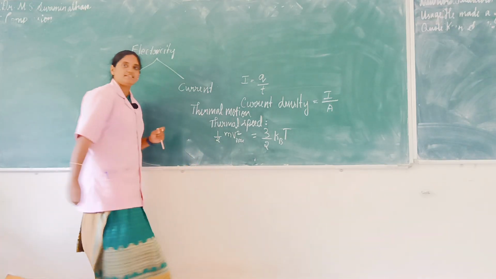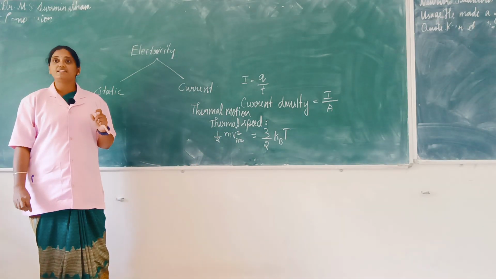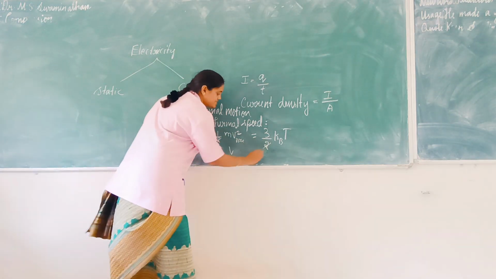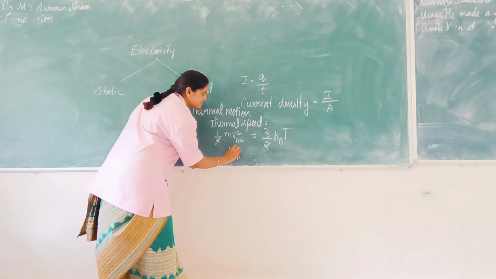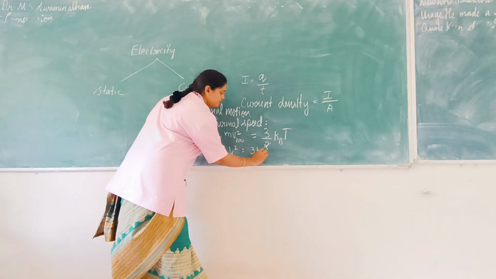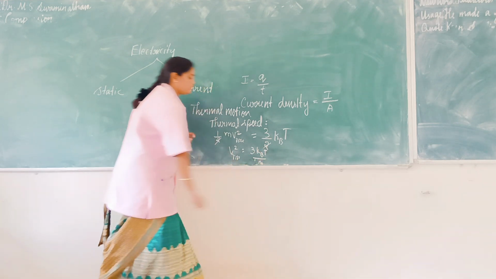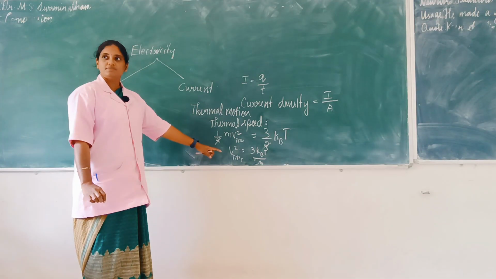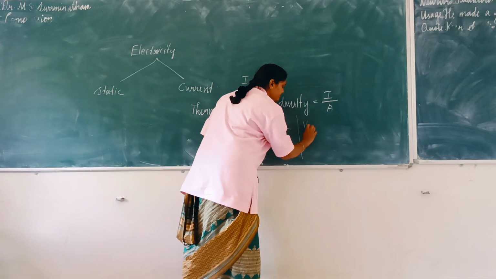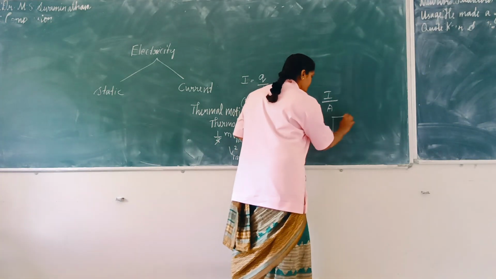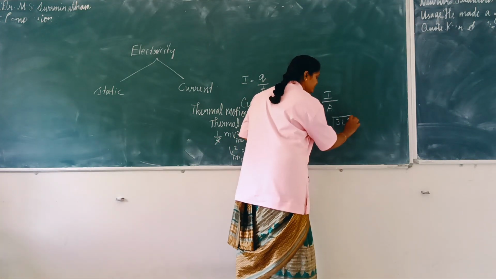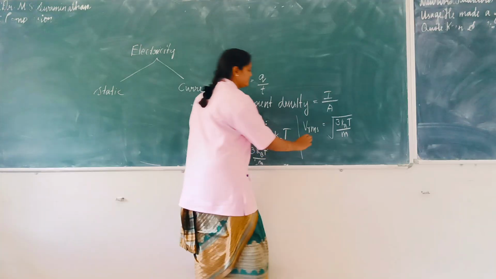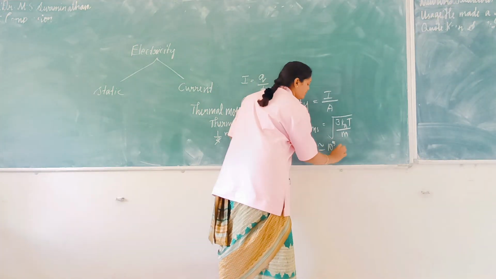From this we can calculate the thermal speed of the electrons when the electric field is not applied to it. So the 2 gets cancelled, isn't it? So v RMS squared is equal to 3 kB T by m. What will be the thermal speed here? v RMS will be root of 3 kB T by m. And this will be in the order of 10 to the power 5 meter per second.